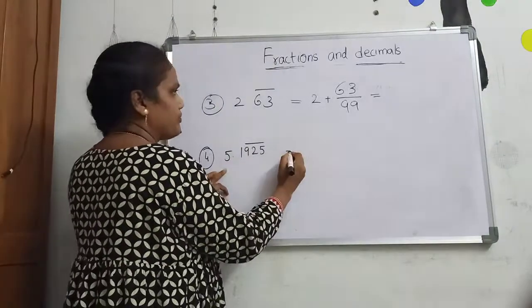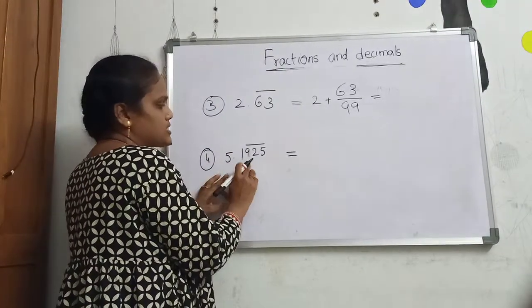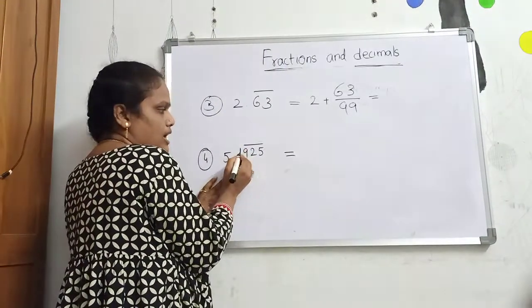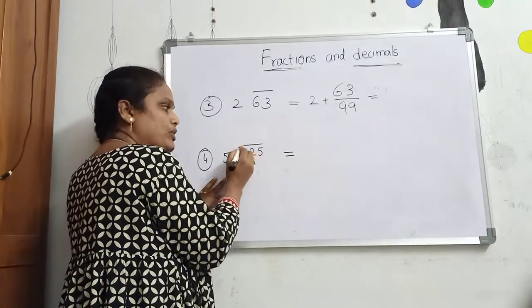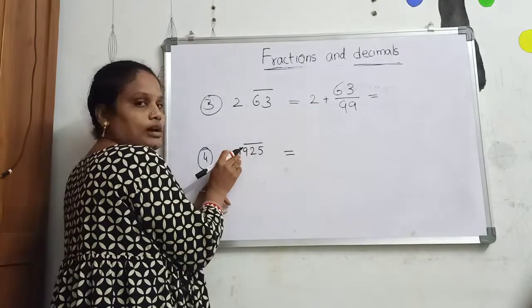Next, take this one: 5.1925. Only 925 is repeating, 1 is not repeating here.